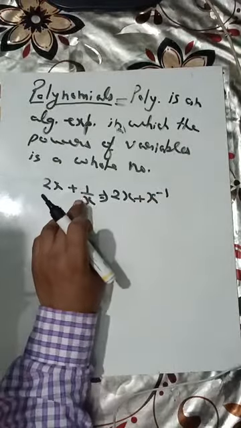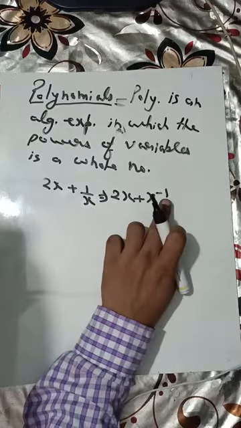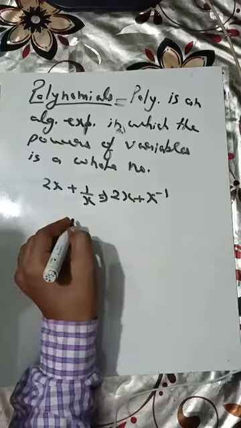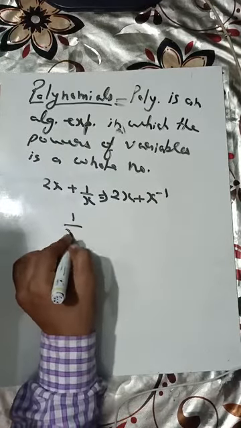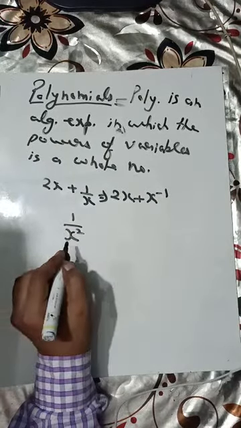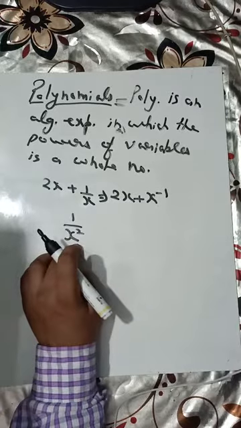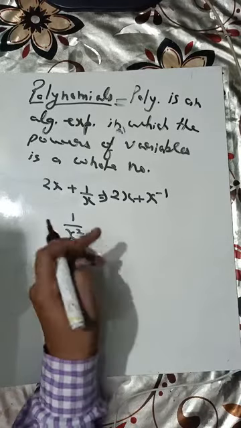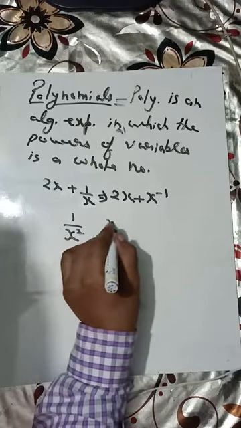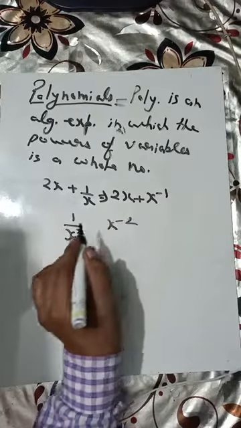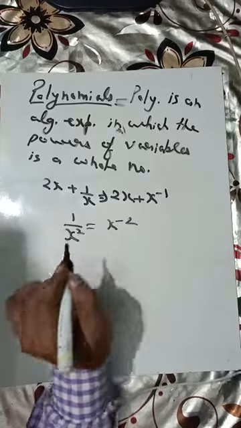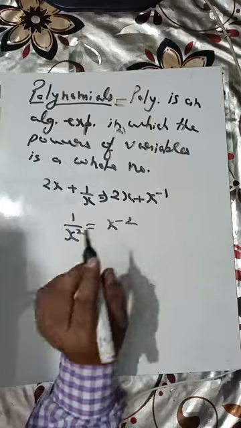Remember, 1 upon x and x raised to power minus 1 are one thing. Let me explain more clearly. If you want to write this x square from the denominator into the numerator, it is written like this. This and this are equal. It is only a different way of writing.